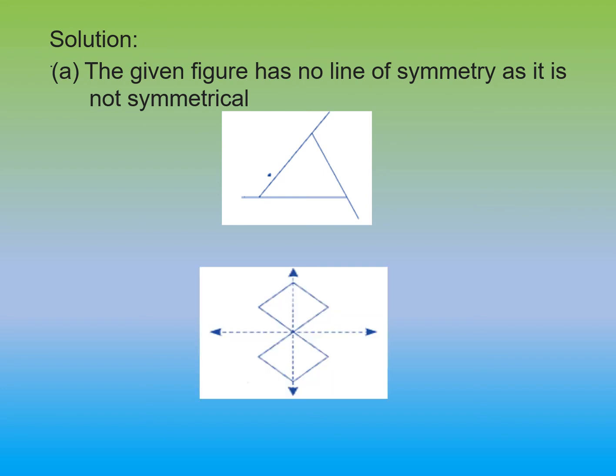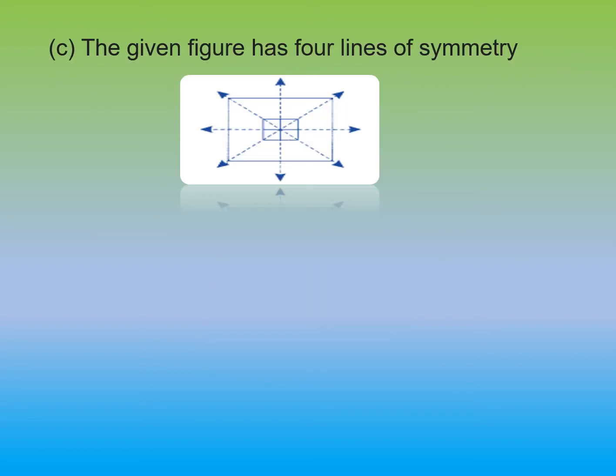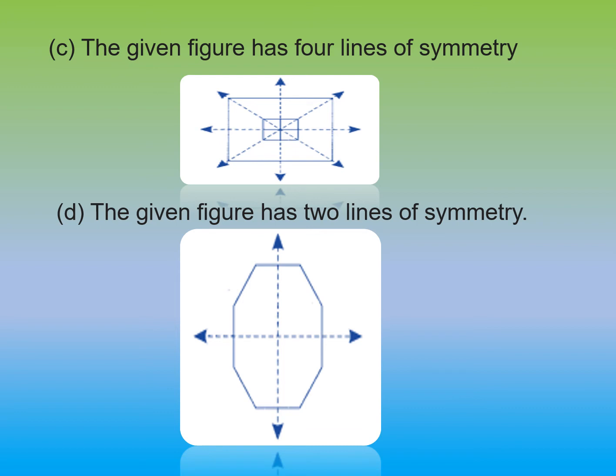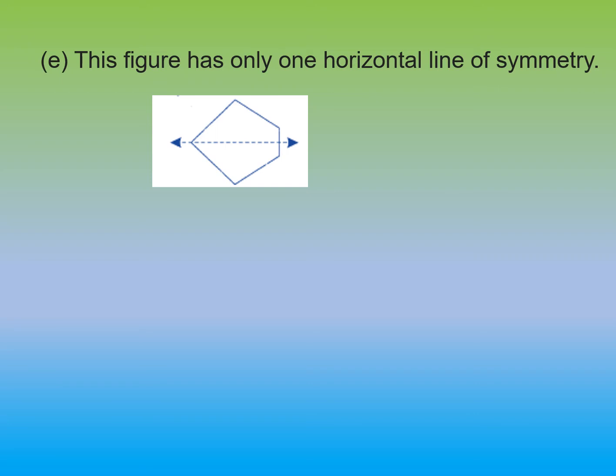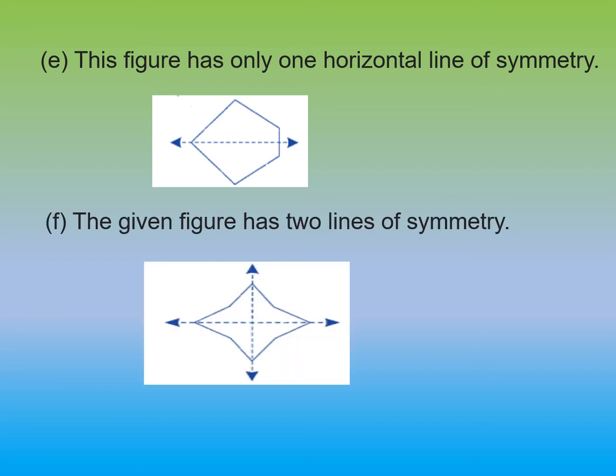Second picture, we have 2 lines of symmetry in this. 4 lines of symmetry. Then D, it has 2 lines of symmetry. This figure has only 1 line of symmetry. The last one, we have 2 lines of symmetry for this picture.